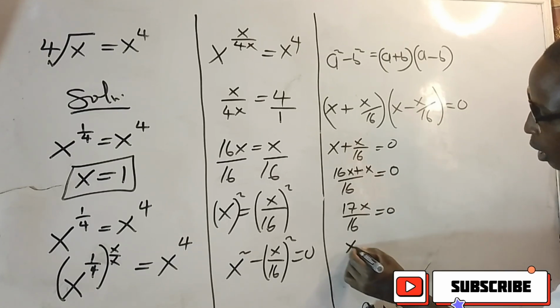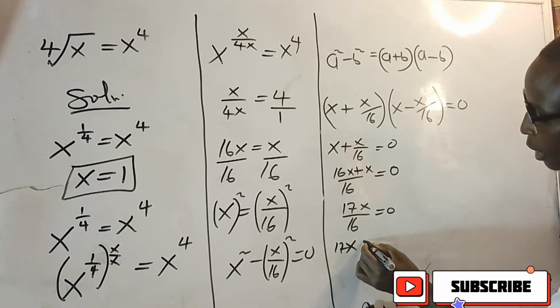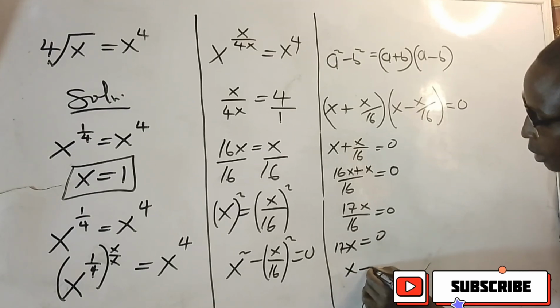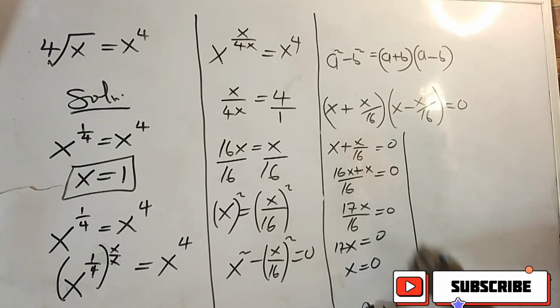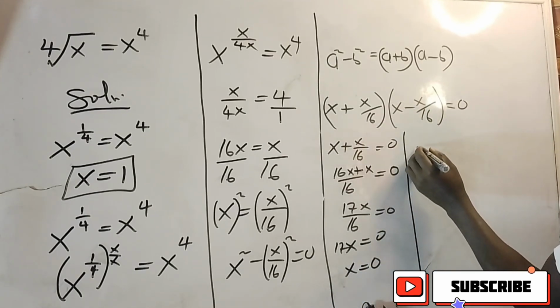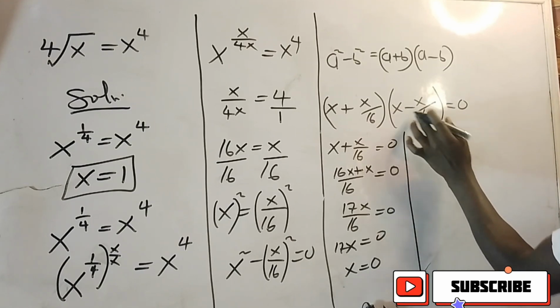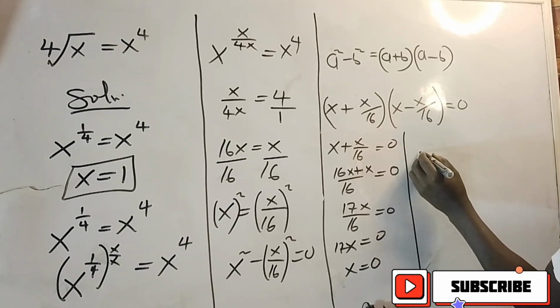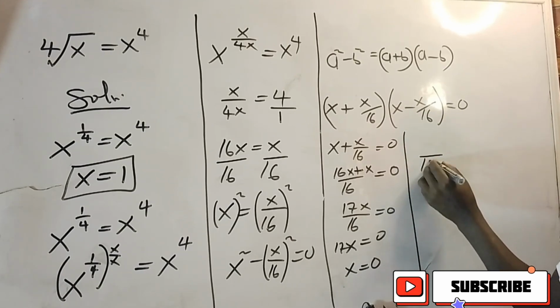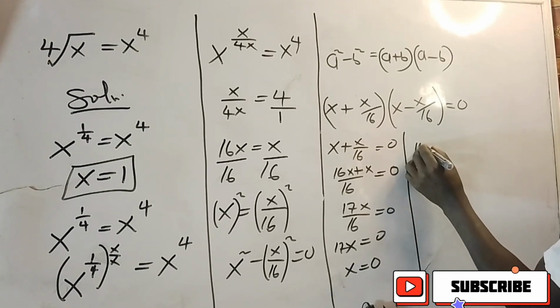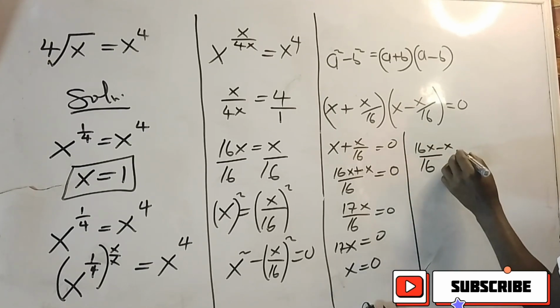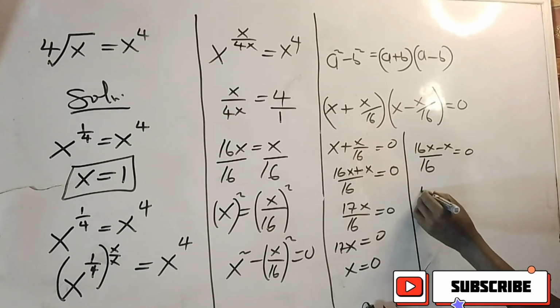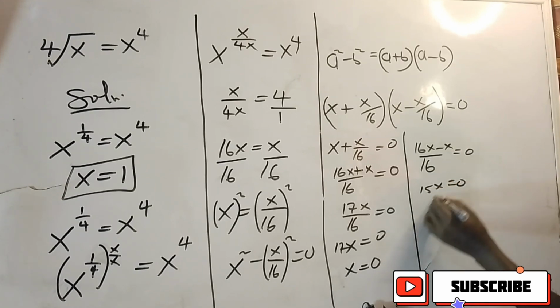That means 17x is equal to 0, that means x is equal to 0. So the same thing with this. This is negative, so the LCM here is 16. So this is 16x minus x is equal to 0. So this is 15x is equal to 0, and x is now equal to 0.